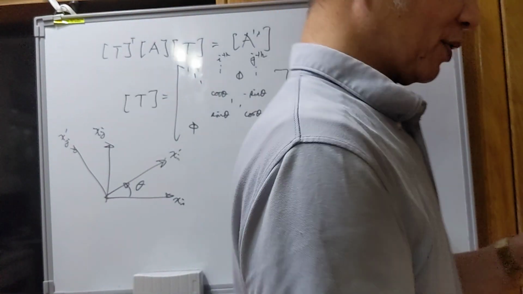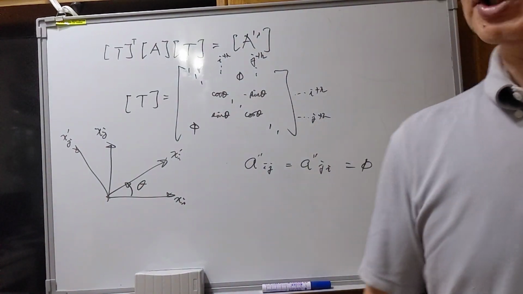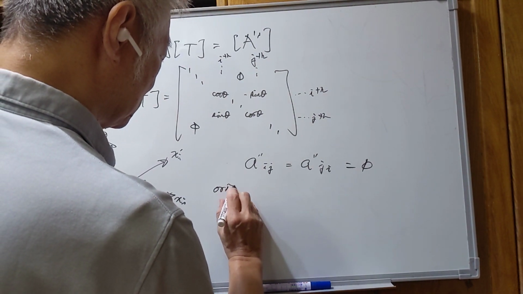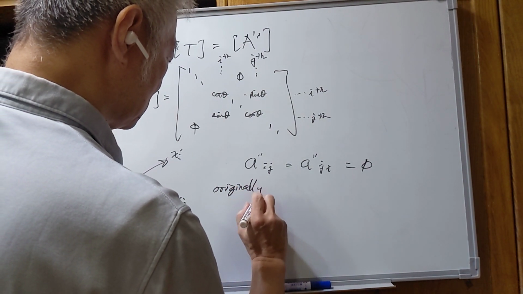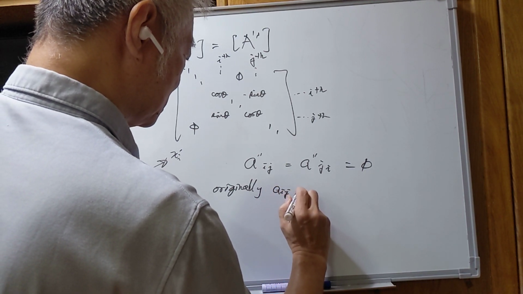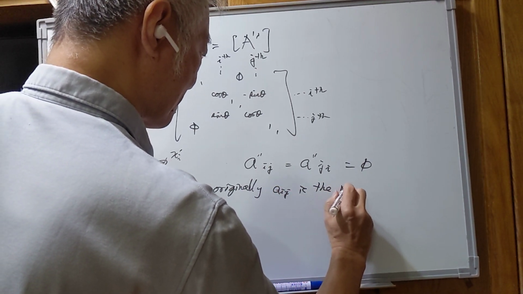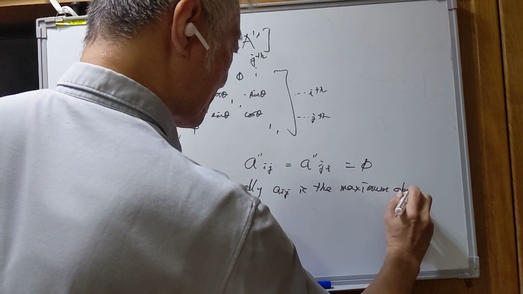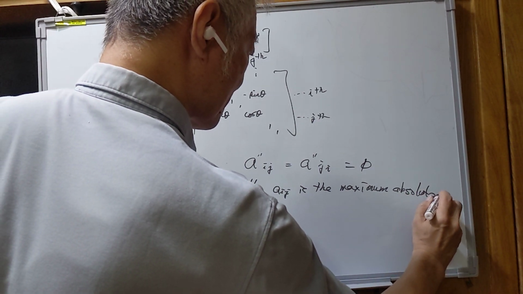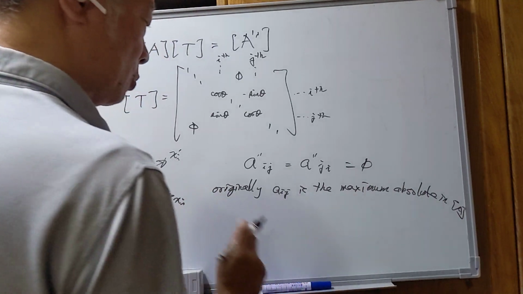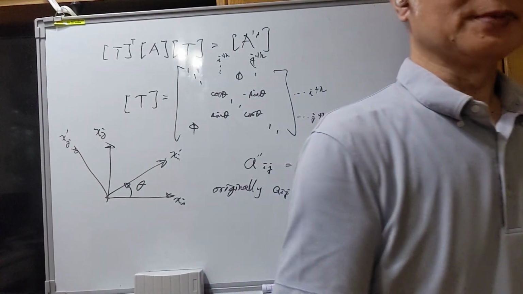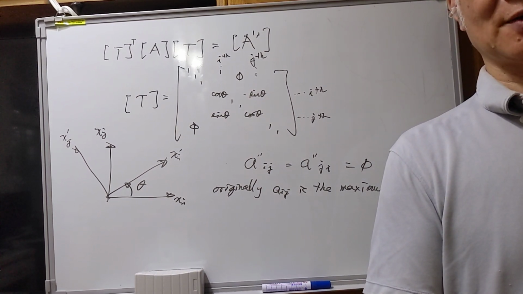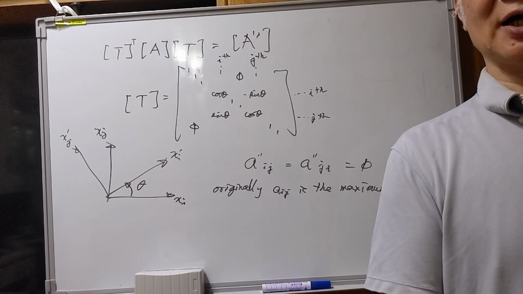Remember what is the aij? Originally, aij is the maximum absolute value in the A matrix.